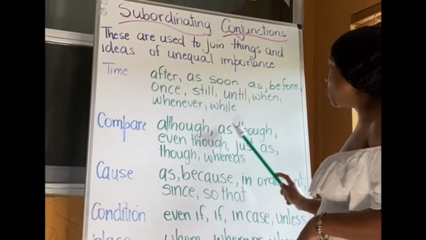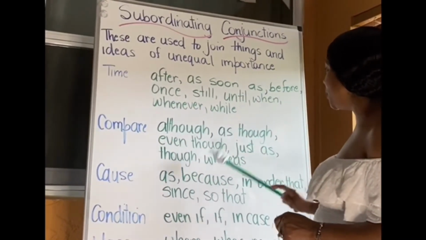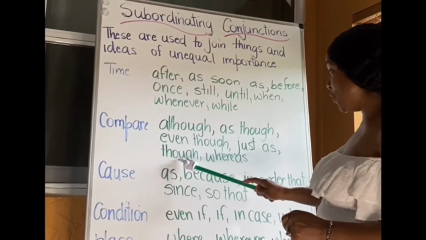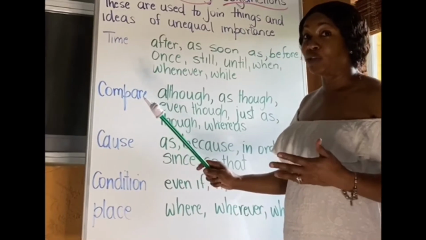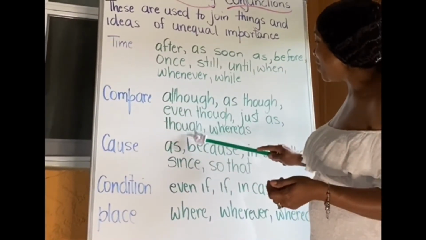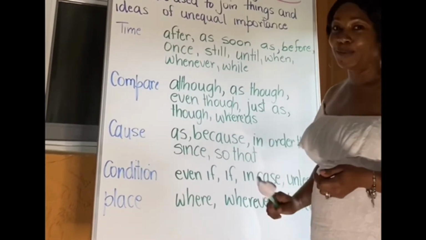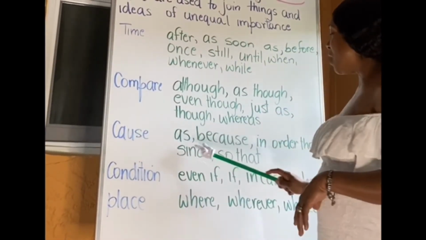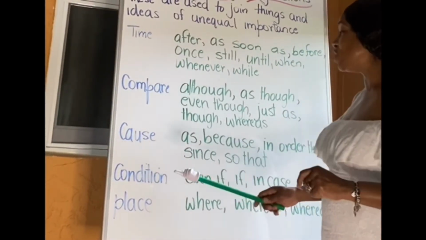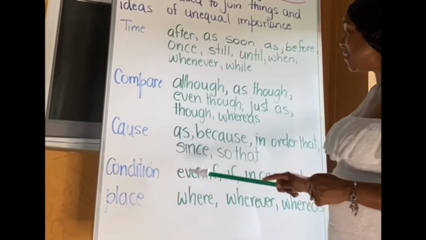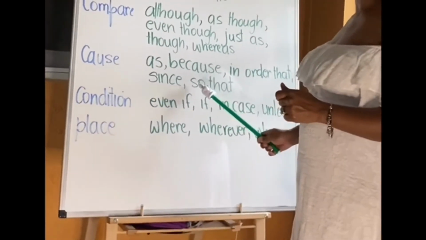Now these are used when we're comparing: although, as though, even though, whereas, just as. Notice all the those: although, as though, even though, and though. If we are giving a reason or a cause and effect relationship, then we're using as, because, in order that, since, and so that.